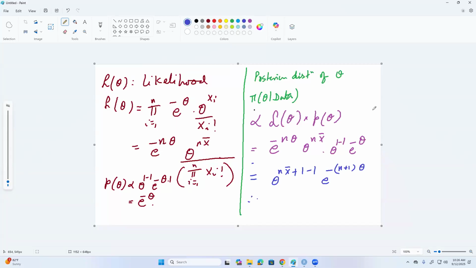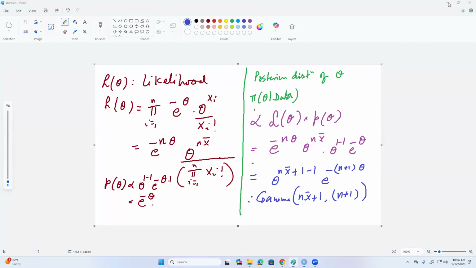So it is the gamma density, you can see clearly: gamma with shape n x bar plus 1 and rate n plus 1.